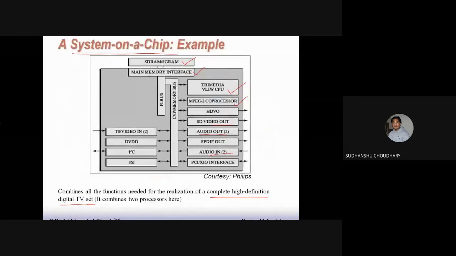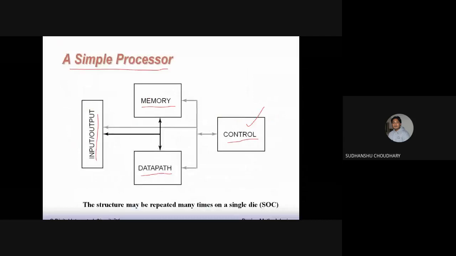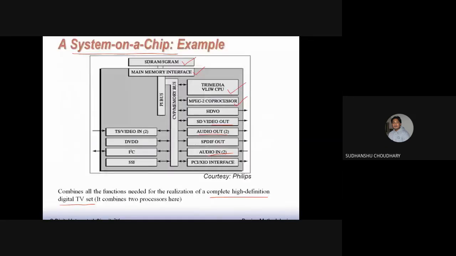Obviously making a system on chip is again a very complex business, because making a memory or a data path itself is a very complex business. Now somebody wants to make a complete system on chip, which involves all these components. And apart from this, if we talk about cell phones, they have transmitters and receivers also, apart from microprocessors, RAMs, control units. So it's a very complex business.